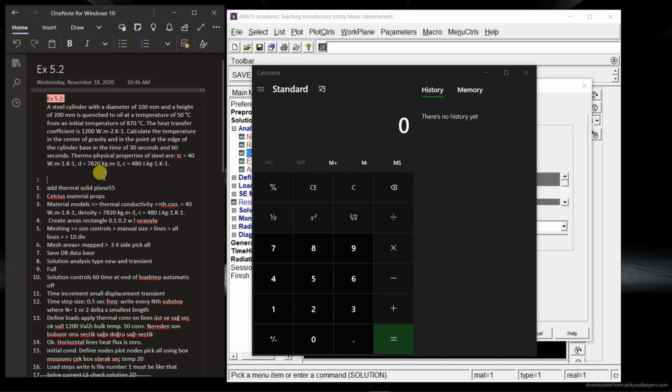So delta t is equal to delta x squared times density times specific heat, and then over 2 times lambda, I mean the thermal conductivity here, so thermal conductivity. Okay.